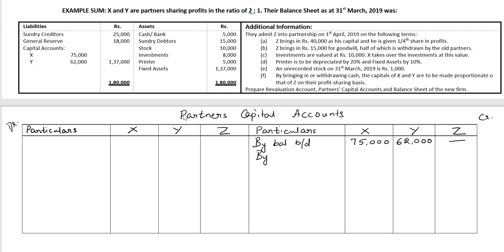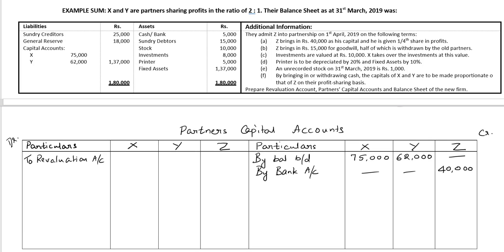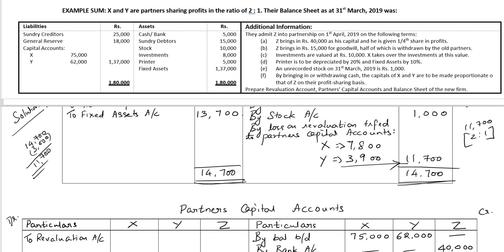So by bank account, ₹40,000 against Z. We have a loss on revaluation. As per the revaluation account, the loss is 7,800 for X and 3,900 for Y.